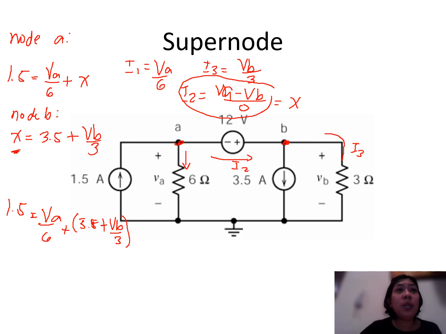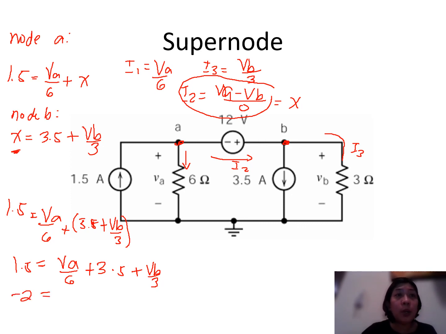So 1.5 equals VA all over 6 plus 3.5 plus VB all over 3. We can transpose your 3.5, so we will be having minus 2 is equal to VA all over 6 plus VB all over 3.